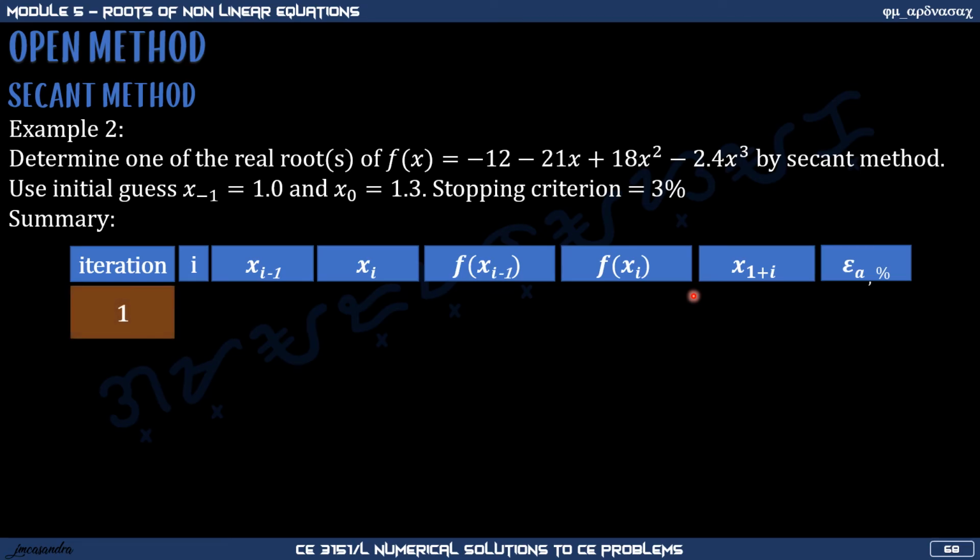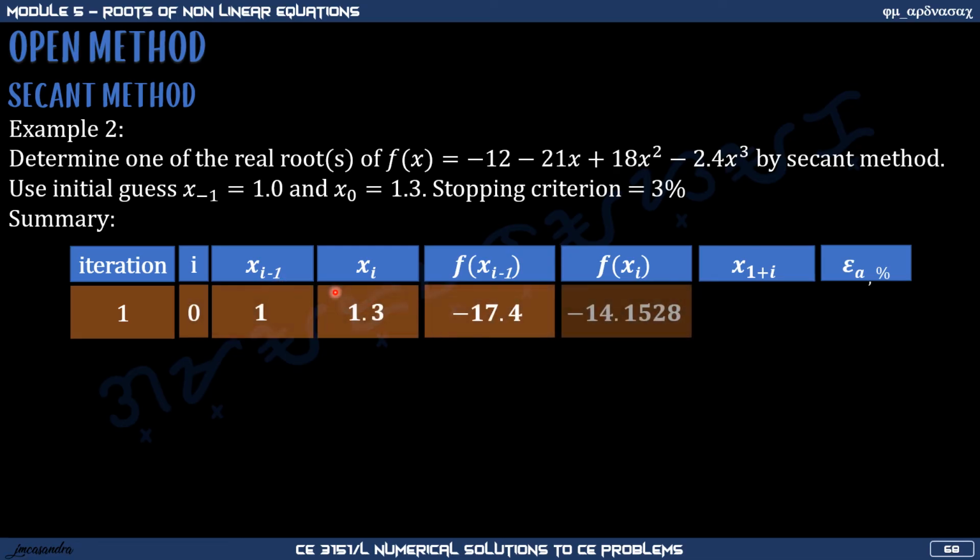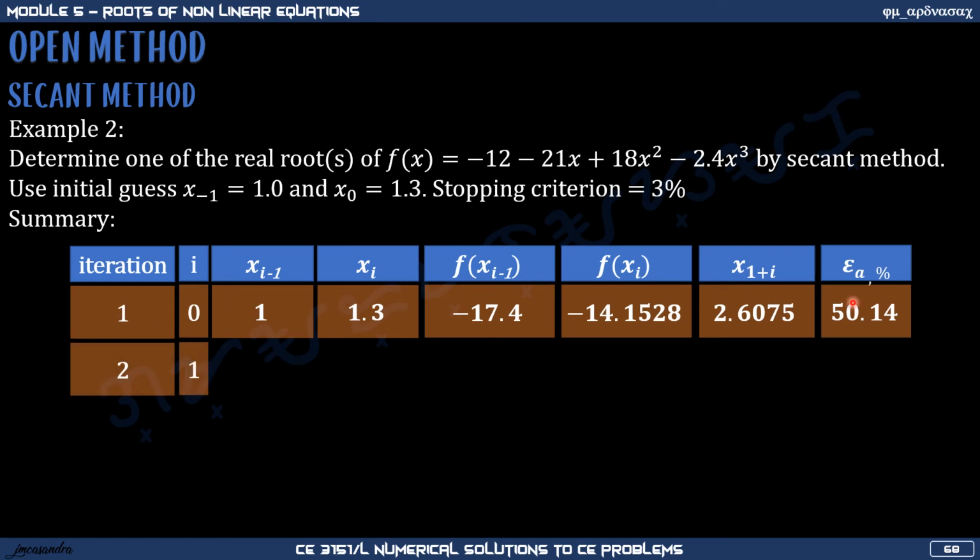So for iteration 1, we have computed already our values. This was our initial computation. For the second iteration, your x i minus 1 will simply be the previous x i. So here, I put 1.3. Your x i will be the value computed here at x i plus 1, so that's 2.6075.